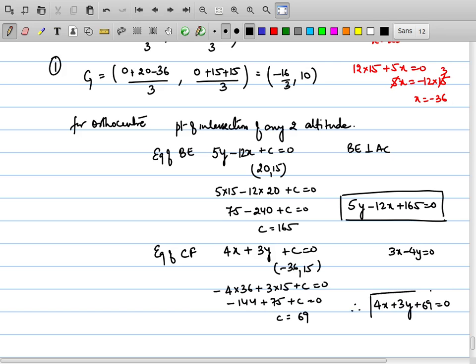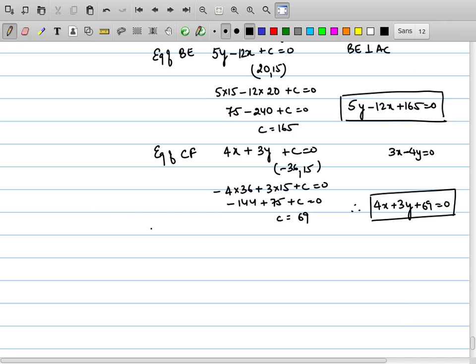Now we have got the equation of the second altitude. Now we can simultaneously solve this. 5y minus 12x is equal to minus 165, and if we multiply the other equation by 3, we have 9y plus 12x equals minus 207.